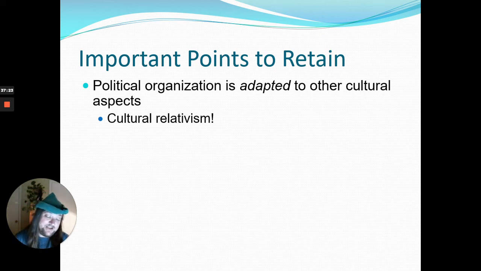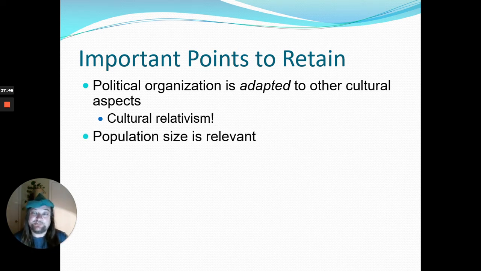But if you take the time to learn more about this culture, and you see that it makes sense in that context because of all these other things, then you're being culturally relative. It doesn't mean you have to move there and start living that way, but it does mean that you can understand why these other systems that might be new to you make sense in some contexts.